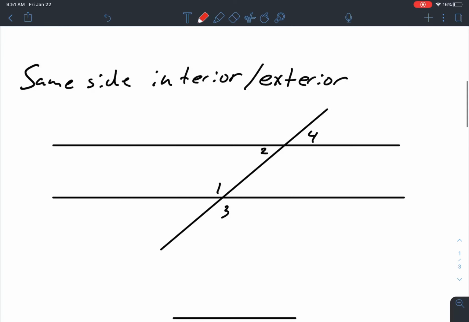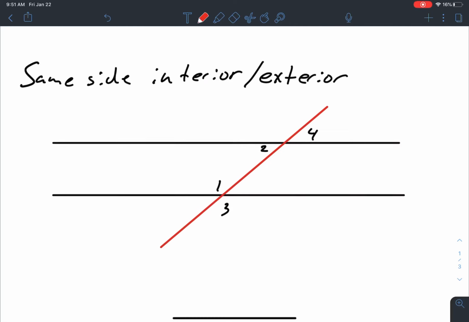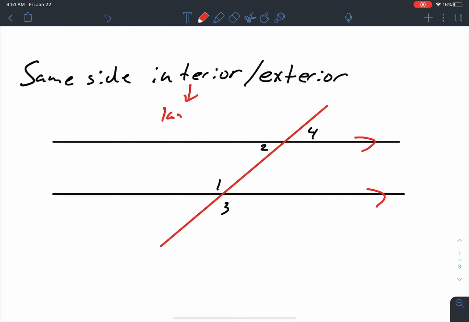All right, now we're talking about the same side of the transversal. So here's a transversal, and we're going to be on the same side. In the interior, same as before, interior of the parallel lines, 1 and 2 are on the same side. So 1 and 2 are interior, and then 3 and 4 are exterior. What does this mean?